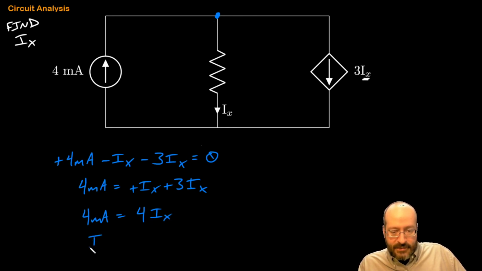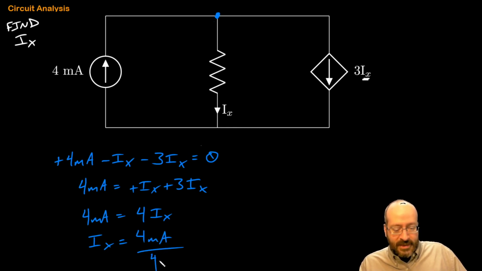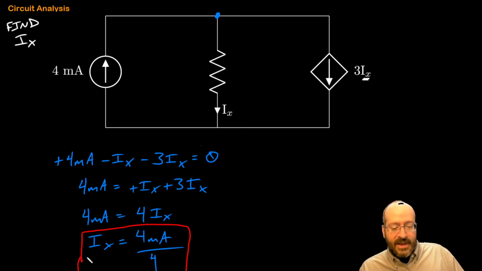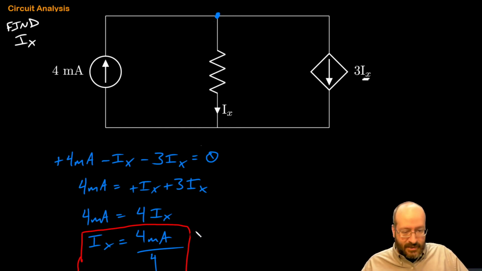Finally, IX is equal to 4 mA over 4, and that's the gain from the dependent supply. Okay, so there we go. Using the top node, I can find IX in that way. And oh, I didn't actually say it's 1 mA, right? You did that in your head. It equals 1 milliamp.